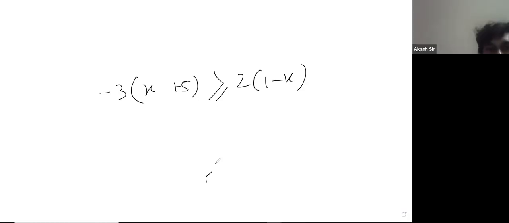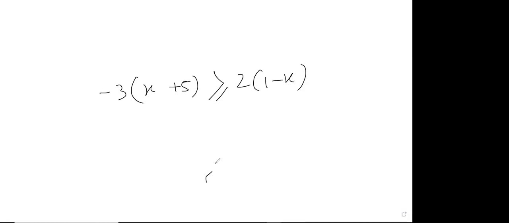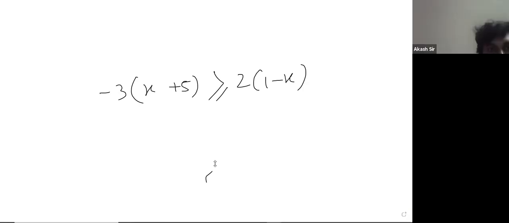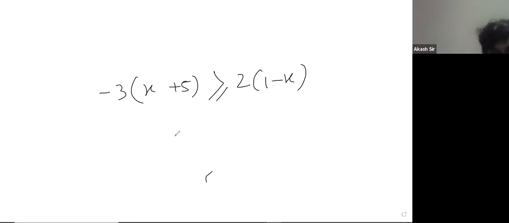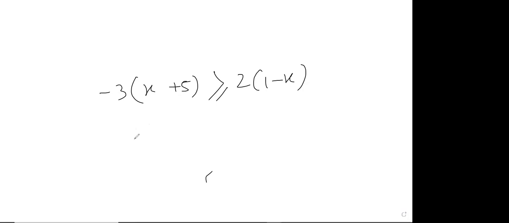Yeah, are you done? So is it x is less than or equal to minus 17? Yeah, let me solve. Anyone else finished? Sir, the same answer. Okay. Take me through the steps, Fatima. Sir, I open the bracket. Minus 3x minus 15 is greater or equal to 2 minus 2x.